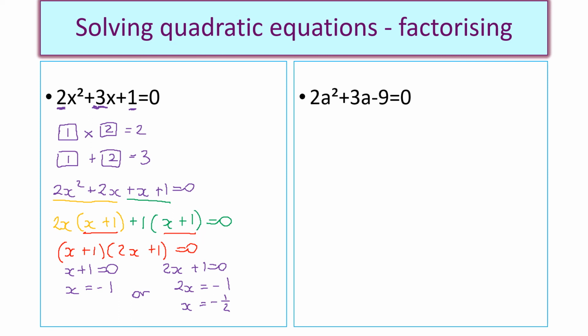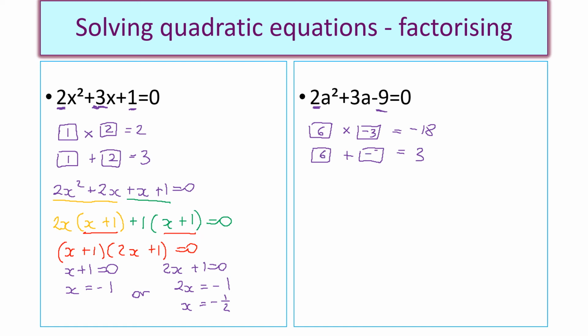One more example. First, I need to times 2 and negative 9. So 2 times negative 9 is negative 18. So I want two numbers that I times to get negative 18, and the same two numbers that I add to get positive 3. So the two numbers are 6 and negative 3.